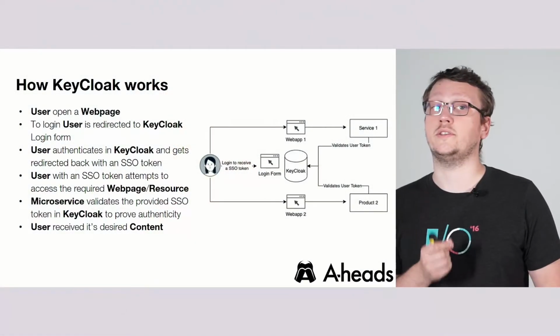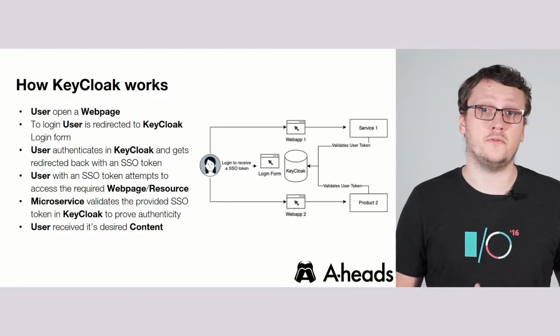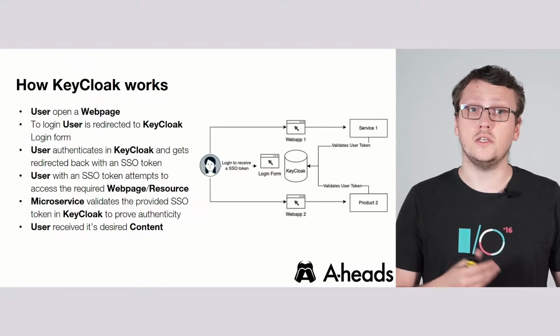We will talk about what kind of identity management Keycloak provides a bit further down the line. But for now, let's assume that we are entering a login and a password. Keycloak validates that, and as a result gives a special token to the user. Imagine a key showing that he or she authenticated, is a valid user, and can proceed further using the application. Dmitry was already mentioning the single sign-on token.